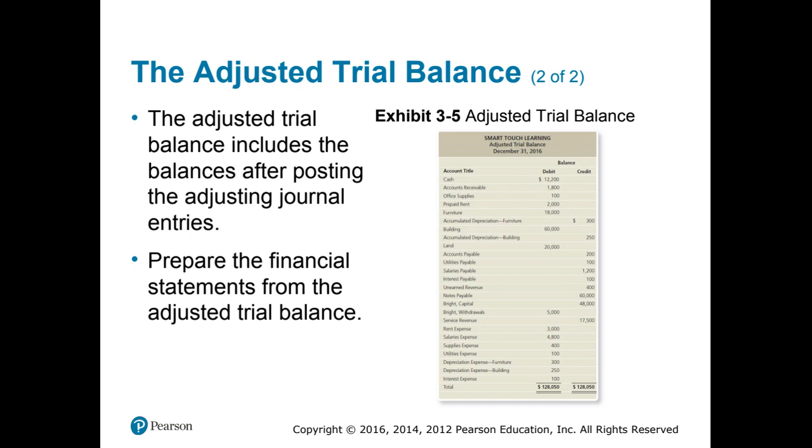We are going to create our income statement and our balance sheet directly from our adjusted trial balance. And then on requirement 4, we're just copying over our adjusted trial balance. From that adjusted trial balance, we are completing requirement 5, the income statement. We will then be able to complete our statement of retained earnings, and then create our balance sheet from our adjusted trial balance.